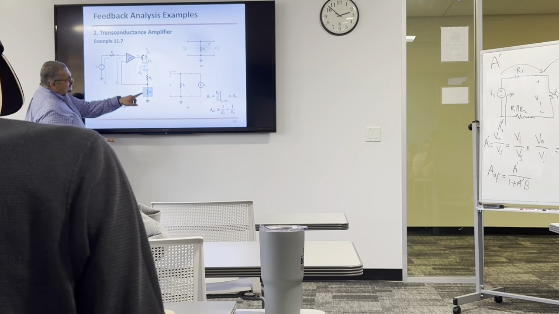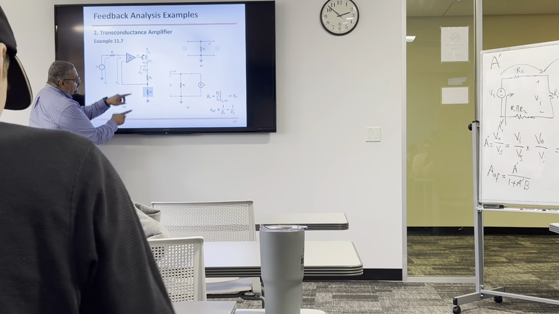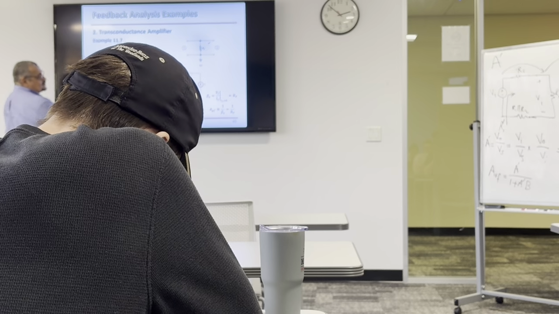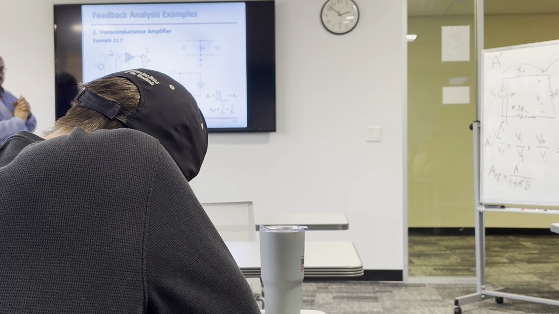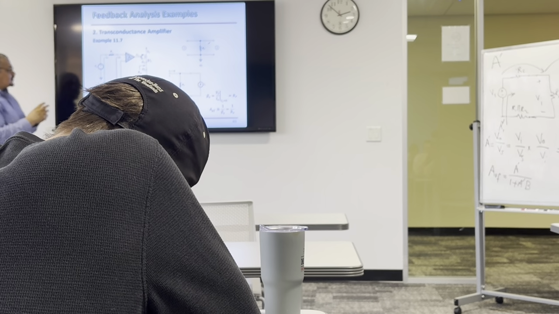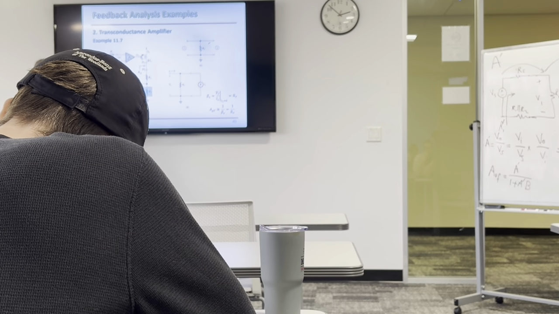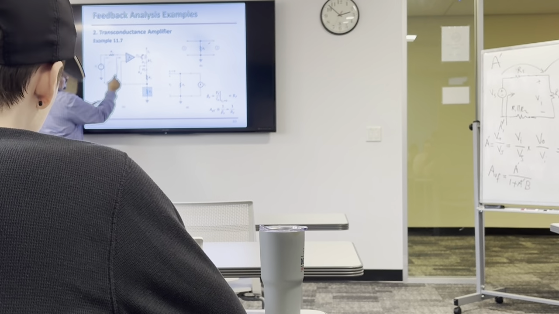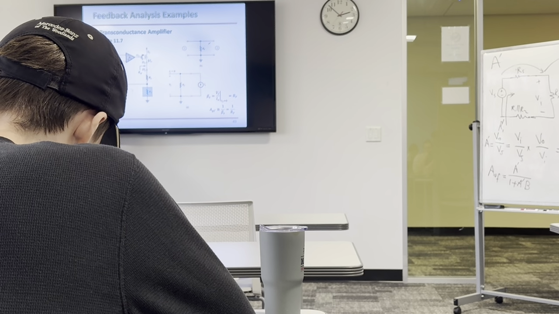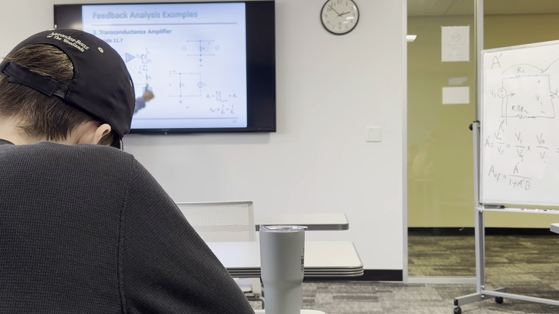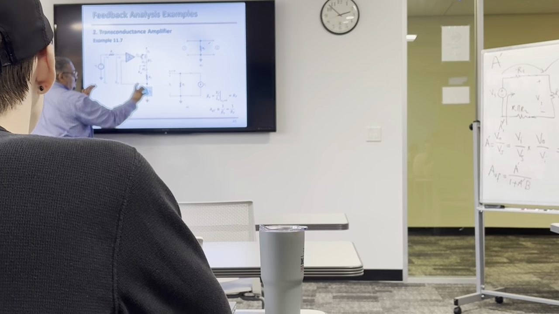Because if you see the feedback resistance, both terminals are in the input circuit, that means you are mixing a voltage. If you extend this one like this, you have a loop here, and this loop includes this as a series component. So that means you are mixing a voltage.